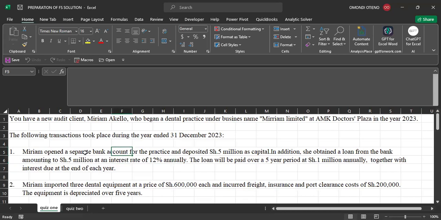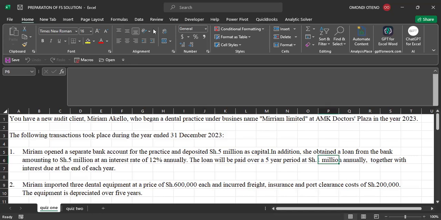Our bank loan will be 5 million at the beginning of the year. At the end of the year, you pay 1 million, which is the principal. So in your statement of financial position, under non-current liabilities, you'll be recording 4 million.